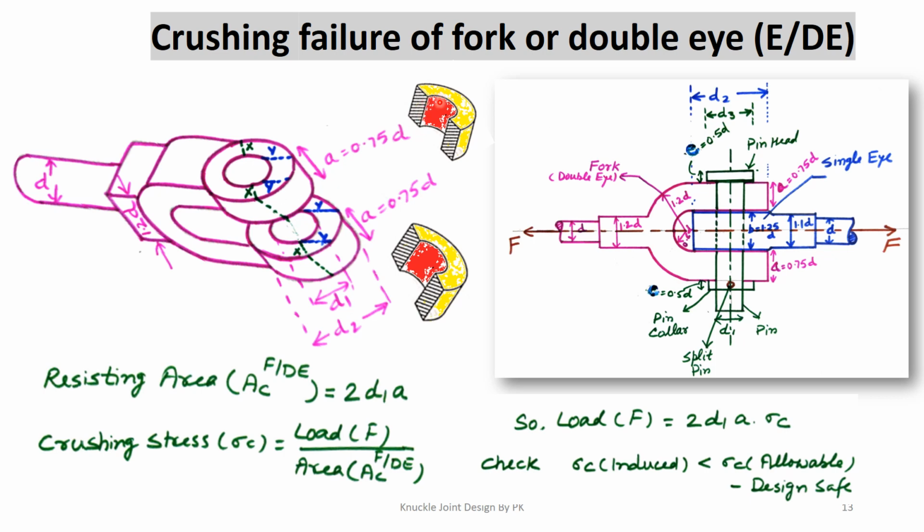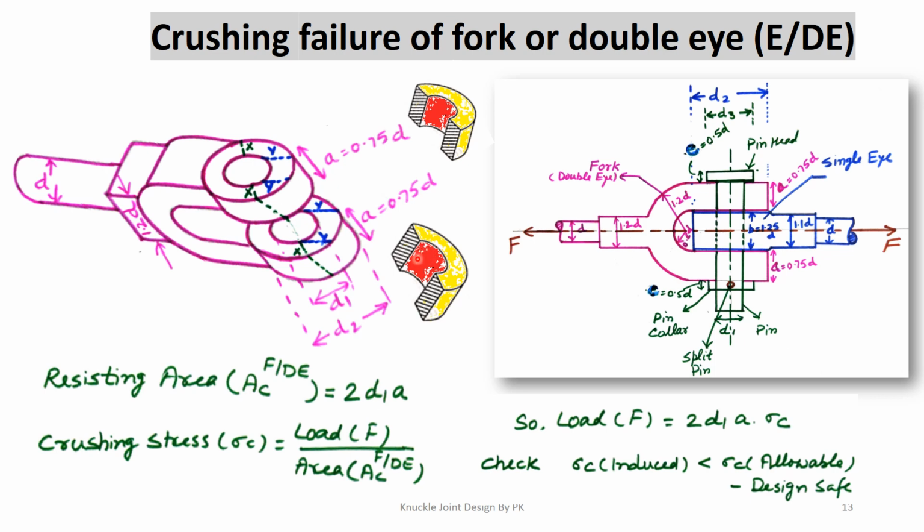This red color patch, or red color area, is the area of the fork, or the upper eye, which is in contact with the pin. Similarly, we have a similar red area on the lower eye, in contact with the pin.